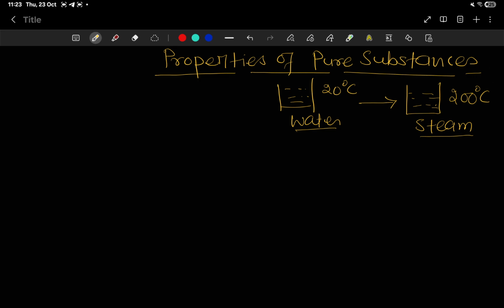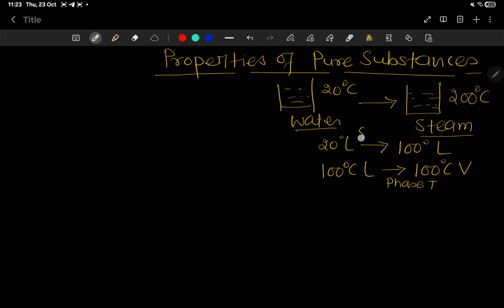First, this 20 degrees Celsius liquid will convert into 100 degrees Celsius of liquid. Then 100 degrees Celsius of liquid will be converting into 100 degrees Celsius of vapor. This is what phase transformation.